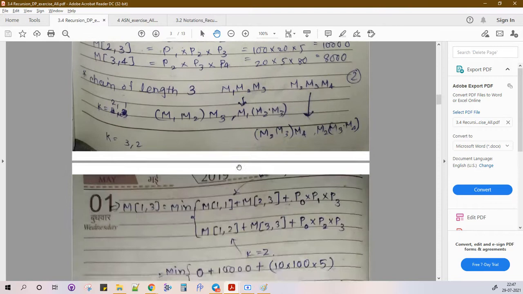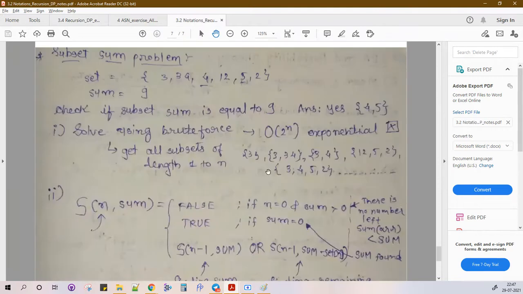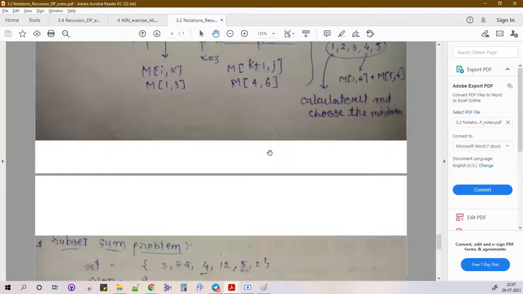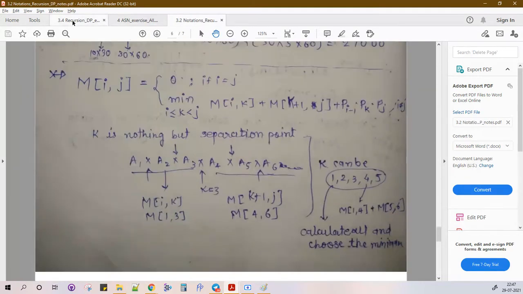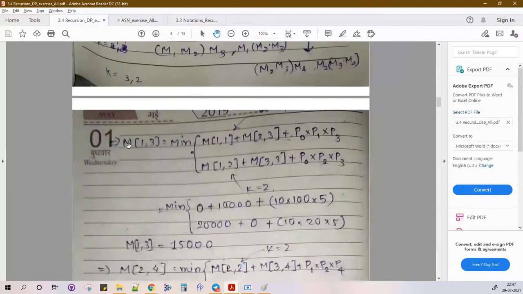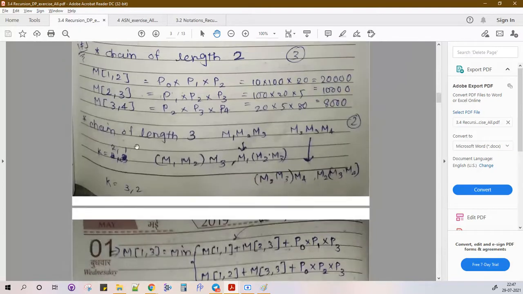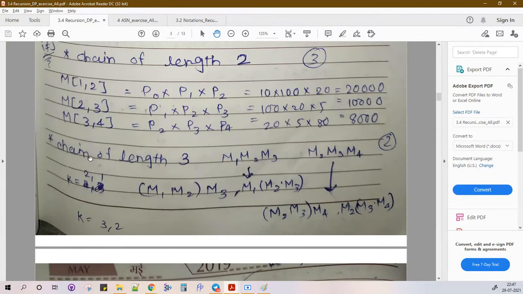Now we will apply this formula for a chain of length 3. Then we can have only two possibilities, M1M2M3 or M2M3M4.